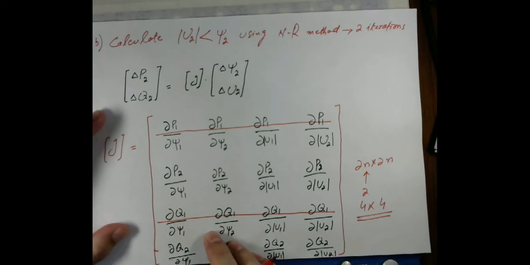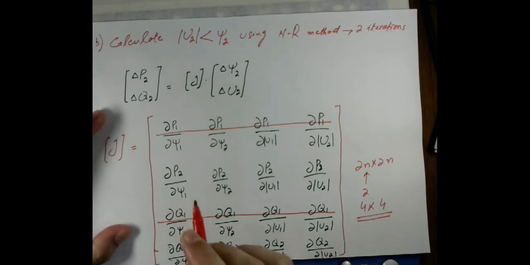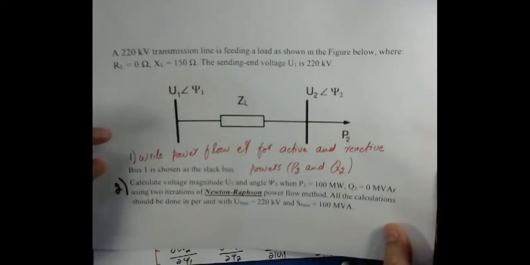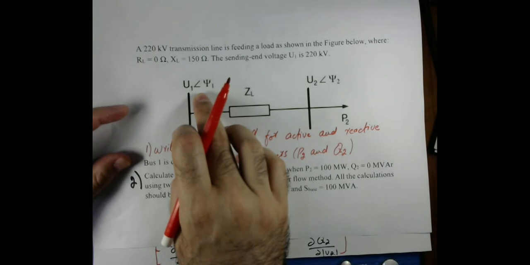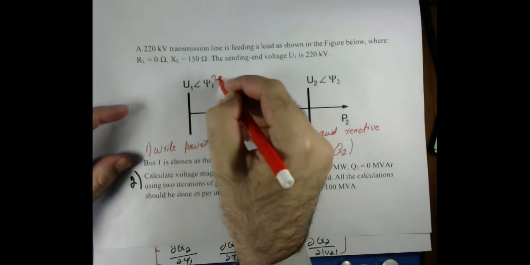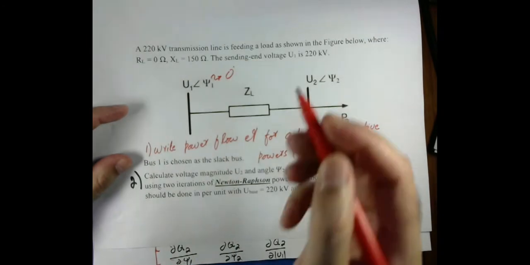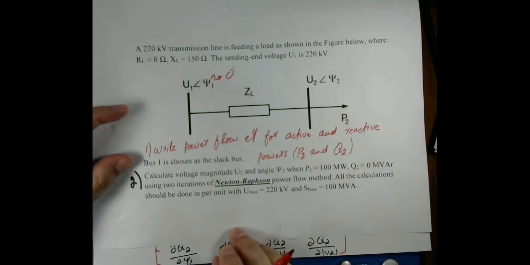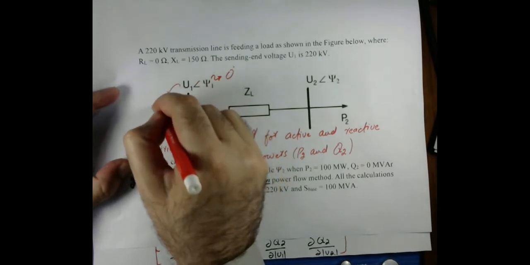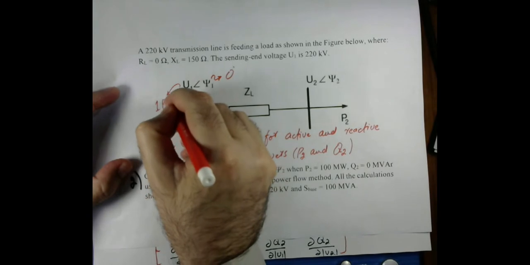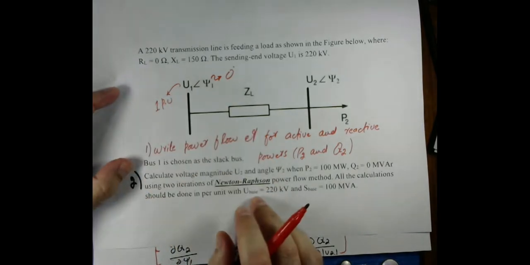Once again, at the slack bus we know the angle psi 1 will be 0 degrees. Also at the slack bus, in per unit, we take U1 equal to 1 per unit, by definition.